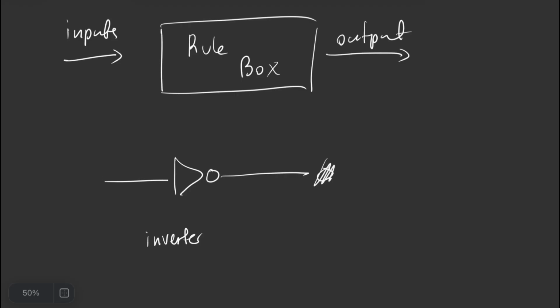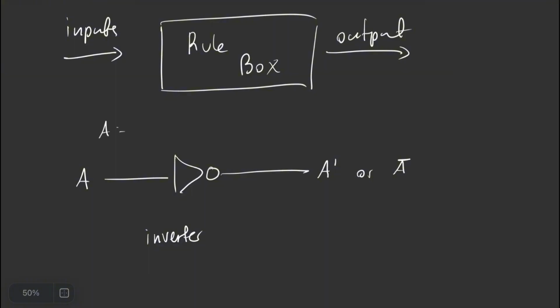Similarly, if you input our variable A, which could represent 1 or 0, it'll output A prime or A hat. These both mean the same thing. It just depends on how your professor chooses to demonstrate it. A prime or A hat really just represents the opposite. So in this case, if A equaled 1, A prime would equal 0, or A hat would equal 0.